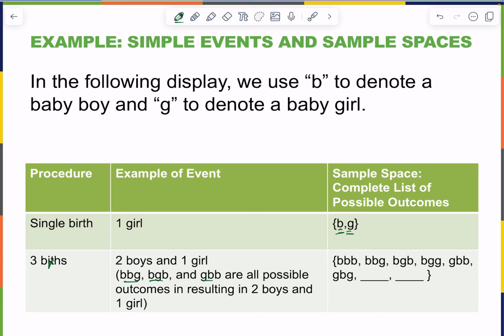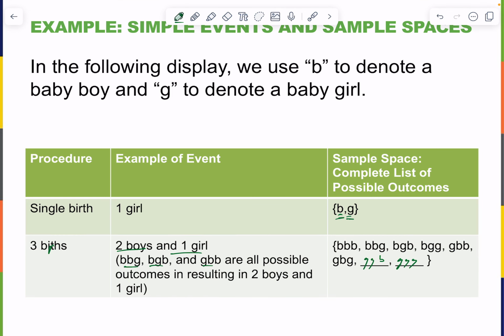All of those result in 2 boys and 1 girl. And so that's an event. The sample space for this procedure is going to consist of 8 of these. Boy, boy, boy, boy, boy, girl, boy, girl, boy, boy, girl, girl, girl, boy, boy, and so on. Girl, boy, girl. Then this one is girl, girl first, and boy third. And then this one is girl, girl, girl. And so that completes that sample space of 8 different samples.